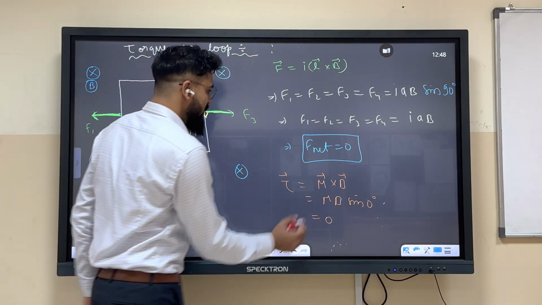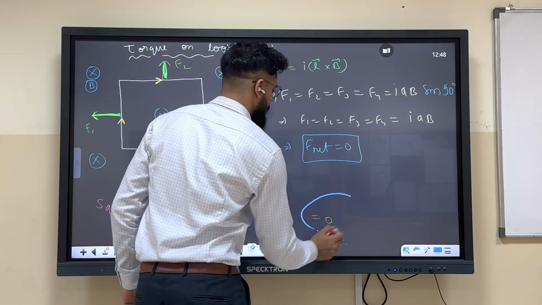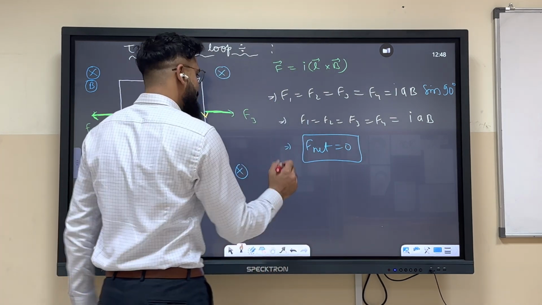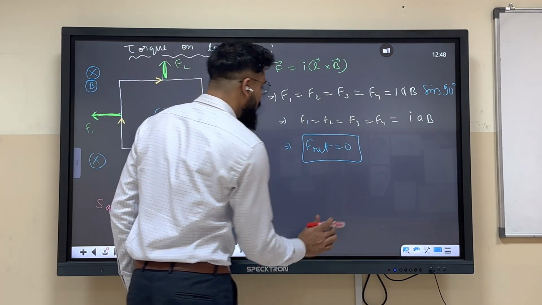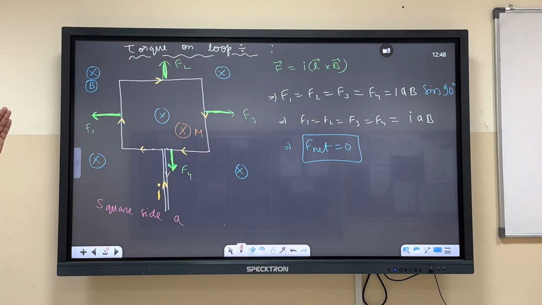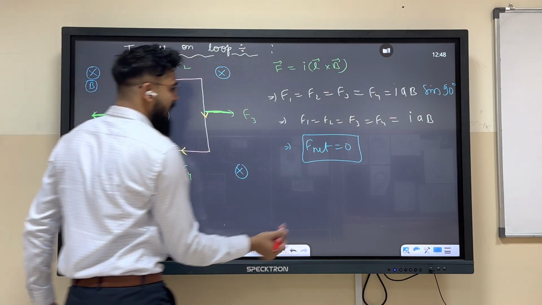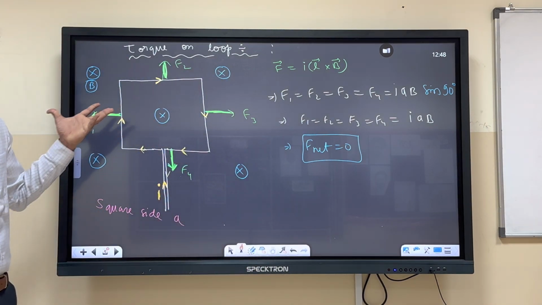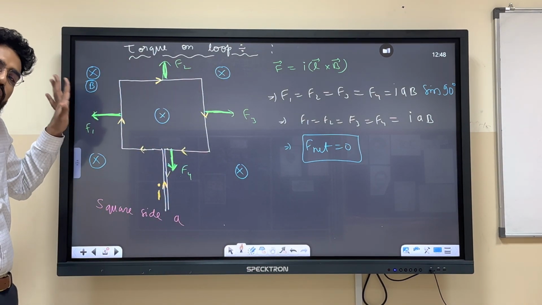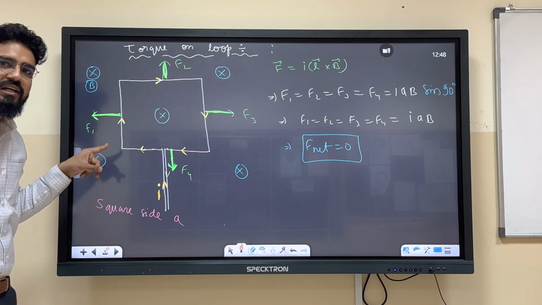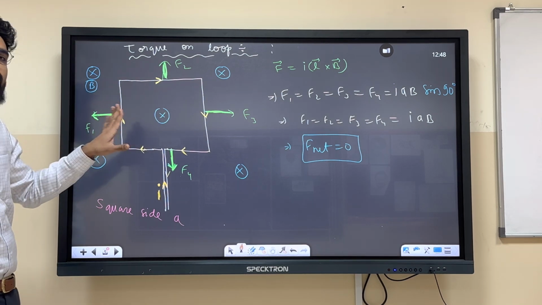Okay? But over here, because of the observation, I'm assuming that we do not know the formula of torque. So can we just write torque net, because when we are placing this coil in uniform magnetic field like this, the coil was not jumping.